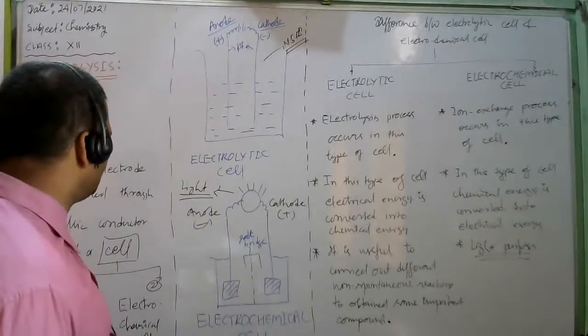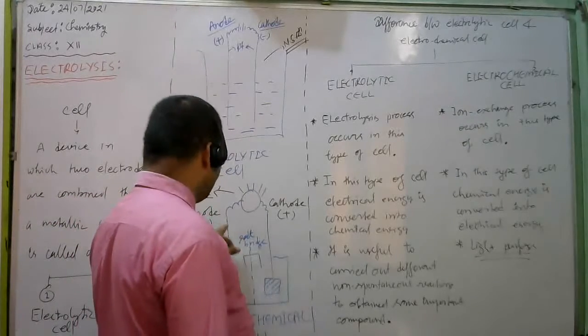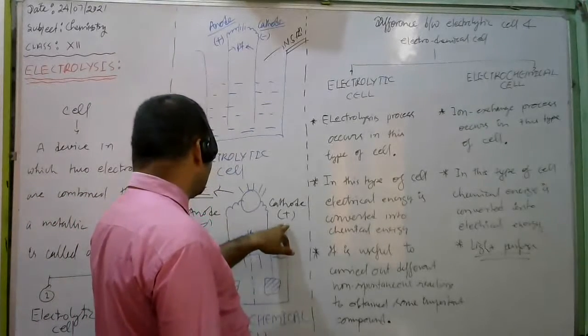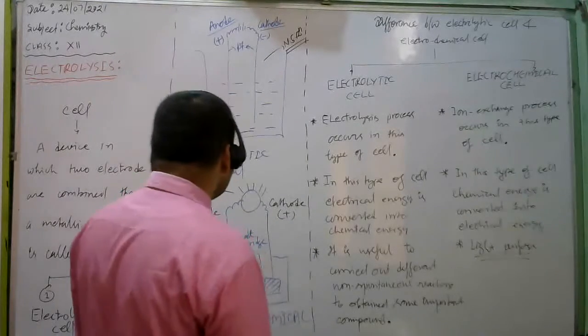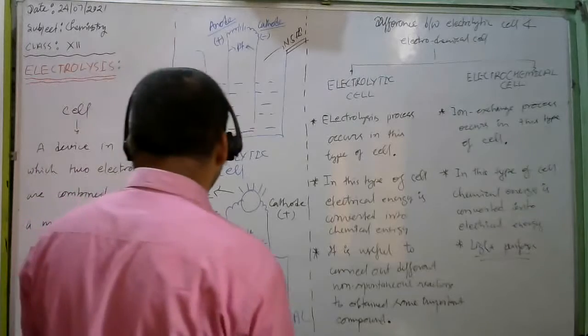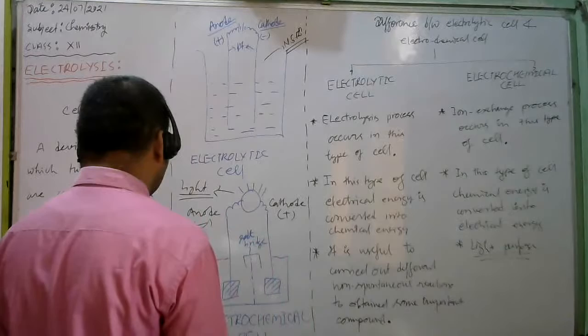All right. So the sign convention is completely different. In this cell, dear student, the cathode is the positive pole and the anode is the negative pole. Right.